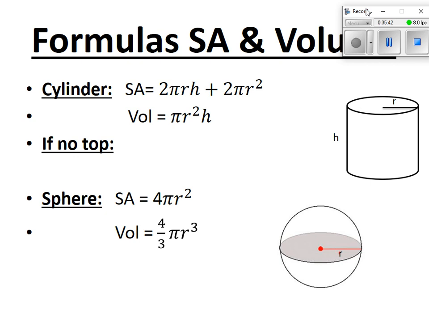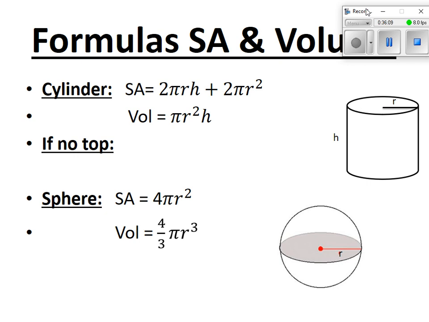The first thing here on this first one, surface area of a cylinder. We talked about this last class. This would be the net of a cylinder. Hold it up. That's a cylinder. What shapes do we have? 2 circles and a rectangle.